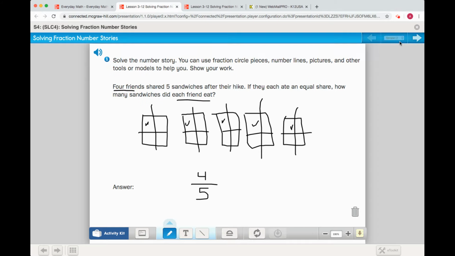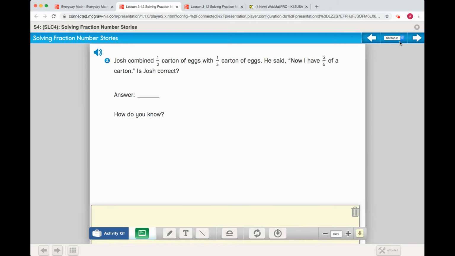Okay, so what I want you to do right now is you can go through the rest of the screens to practice, okay? Feel free to pause and then replay. I'm just going to click through each one.